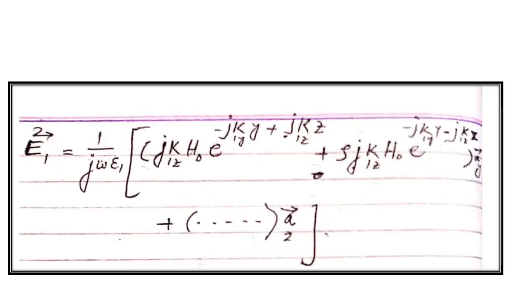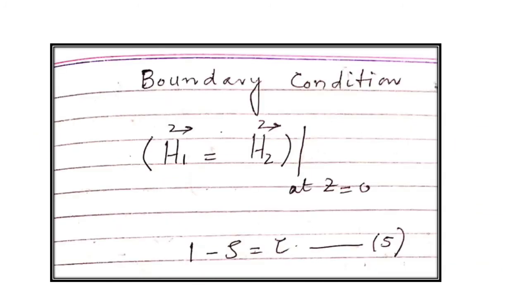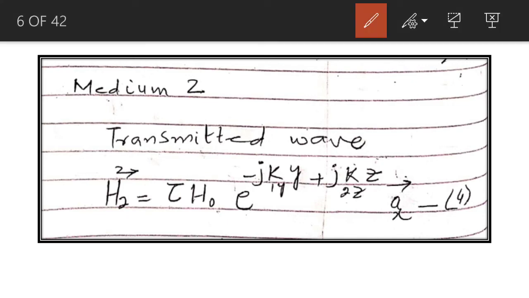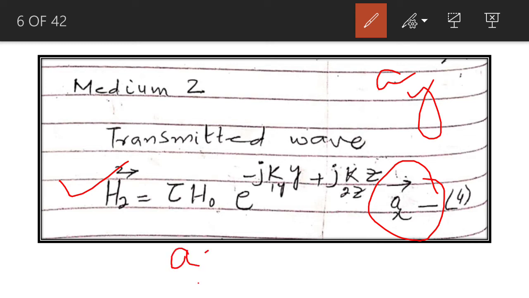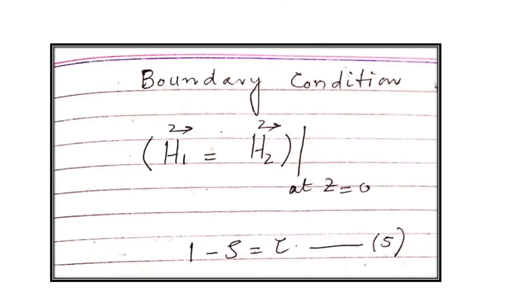That is the component which is along x-axis. There is no component along y-axis and no component along z-axis. So here is the equation for H2, and you see H2 has got only one component, that is the x component.